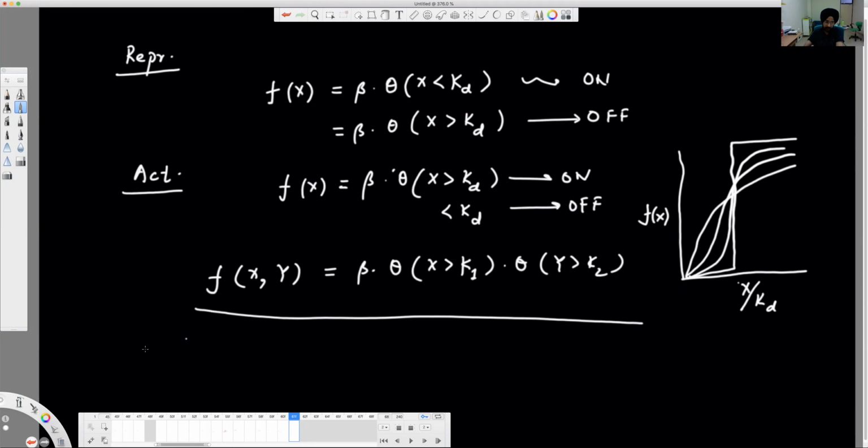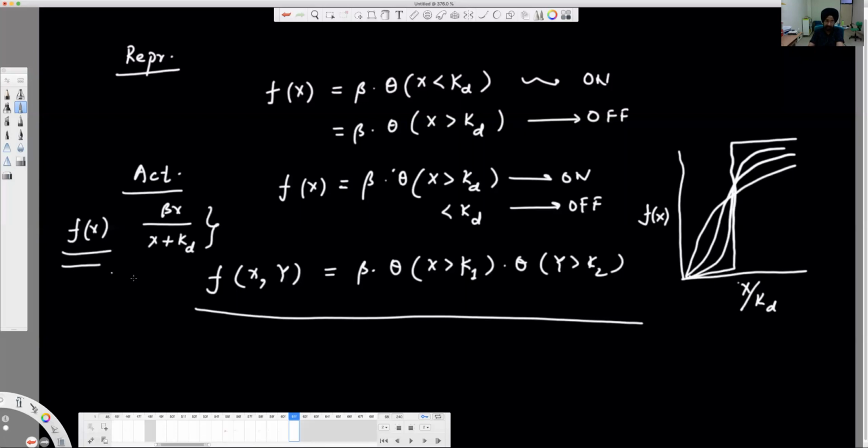Now, what is the Hill's function for activation? I don't recall it now. I think it is beta times x divided by x plus KD.